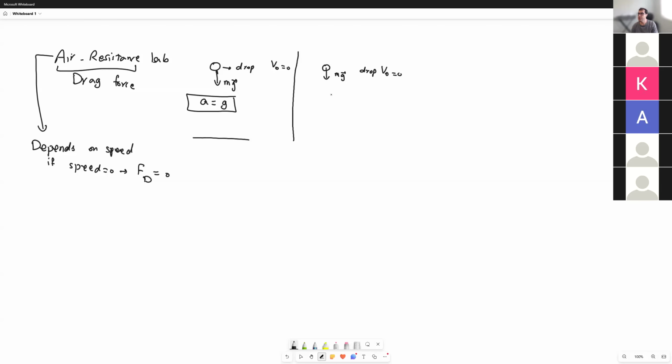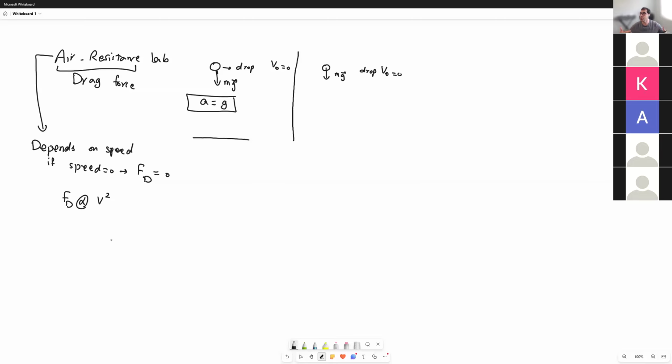If the object gains a very high speed, F_D is going to be proportional to v squared. That means if you double your speed, air resistance quadruples. If you triple your speed, the air resistance is going to be 3 to the power 2, 9 times greater.